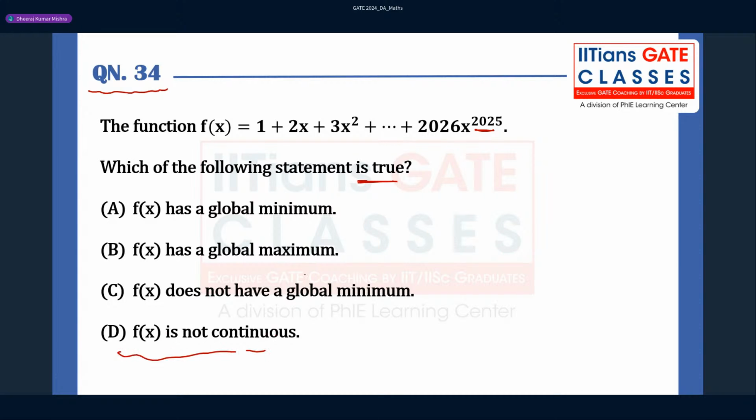So which option is going to be true here? This question is from optimization, optimization for a single variable.